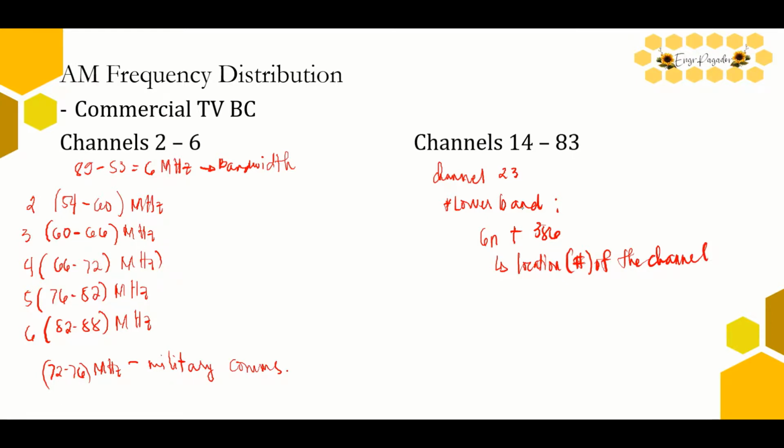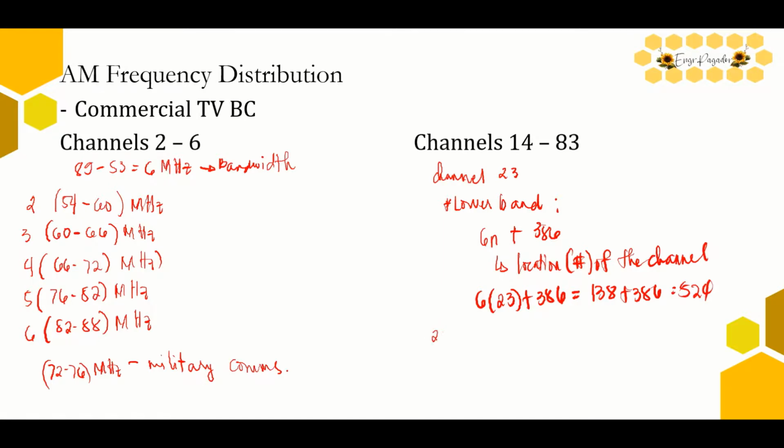So, if we are going to solve for the lower band of channel 23, we have 6 times 23 plus 386. And this is equal to 6 times 23 is 138 plus 386. And this is equal to 524. So, ito ngayon yung lower band frequency ng channel 23 natin.